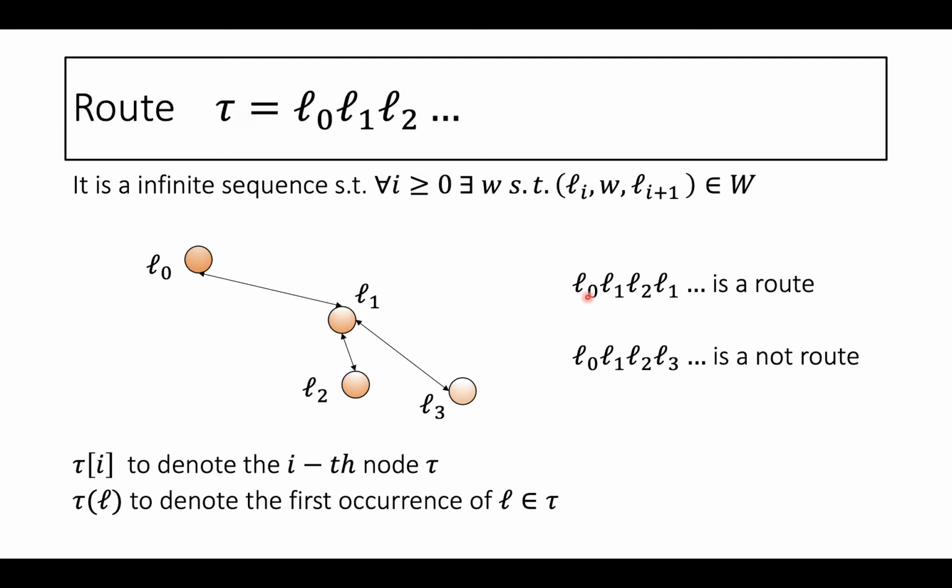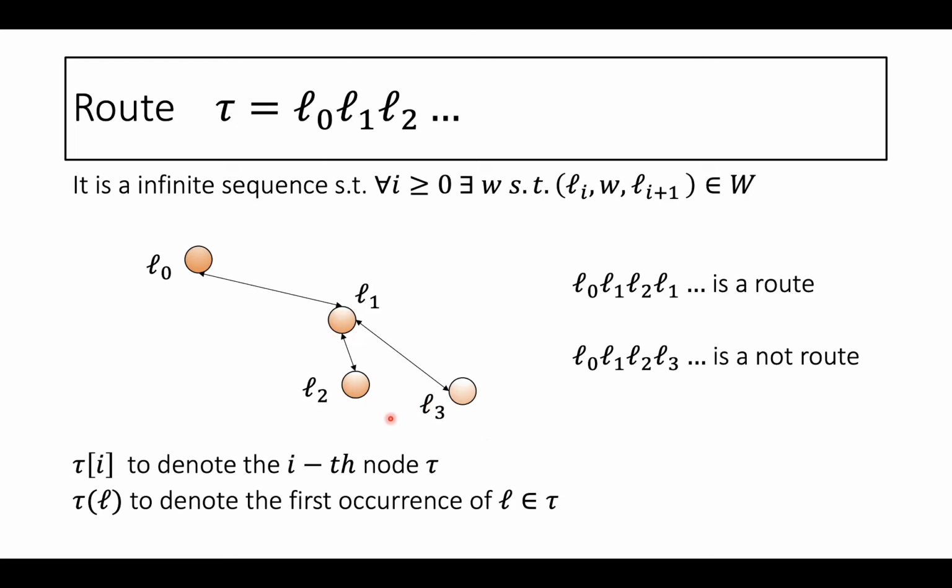The sequence L0, L1, L2, L1 is a route because, as I said, we are using undirected graphs, and here we can find an edge that goes from L0 to L1, one from L1 to L2, and one from L2 to L1, so we can go back. Instead, the sequence L0, L1, L2, L3 is not a route because there is no edge that goes from L2 to L3.